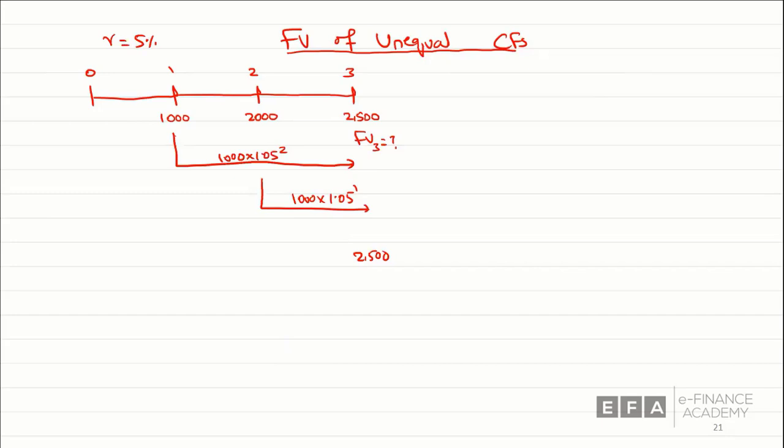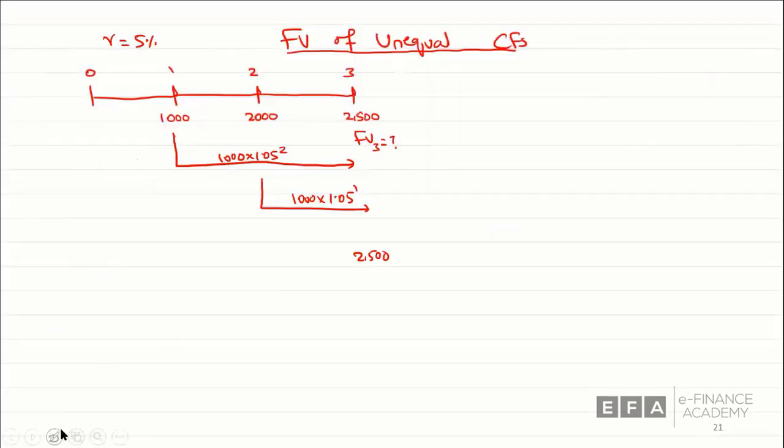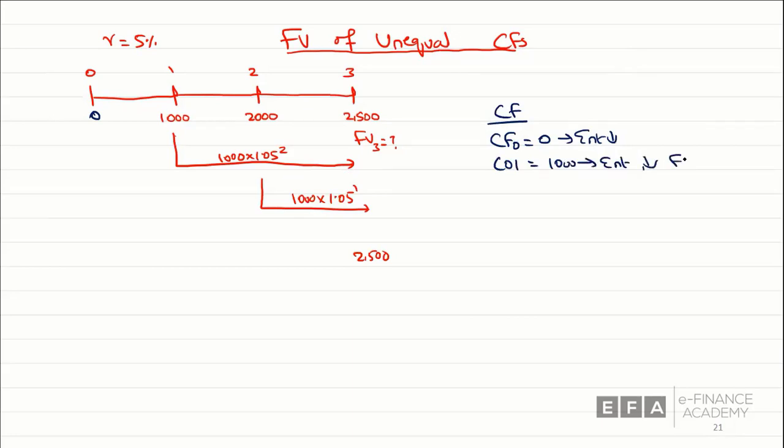So to cut it short, you could actually use your cash flow function. If you thought of it, that's great. And how do you use your cash flow function? Just press CF. When you press CF, you will enter cash flow 0. There is no cash flow, it's 0. Make sure you press enter. You go down. Cash flow 1 is 1,000. You press enter. When you go down, it will ask you for frequency.